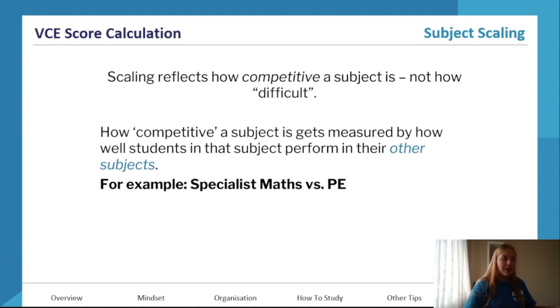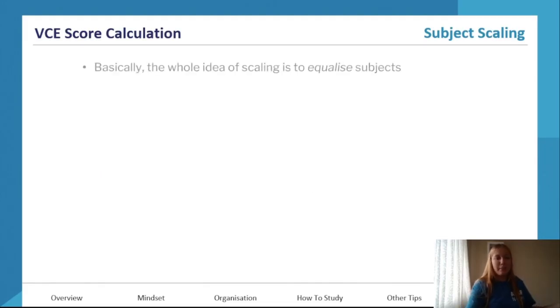Probably I'm going to find PE a little bit easier, so it's more likely it's going to get scaled down. Specialist maths, versus that, is found very difficult by a lot of students, often with study scores coming back lower than their other subjects. Therefore, it's going to get scaled up. And it's just how simple it is, guys.